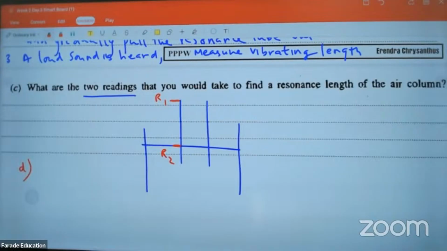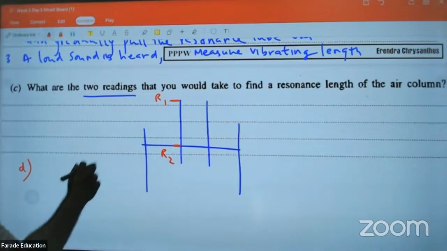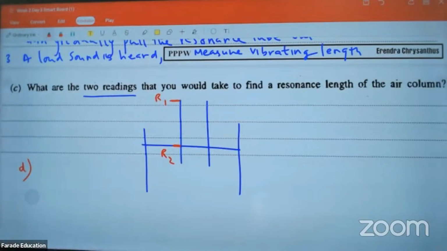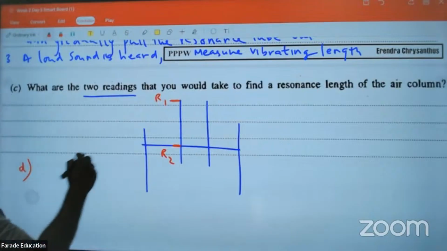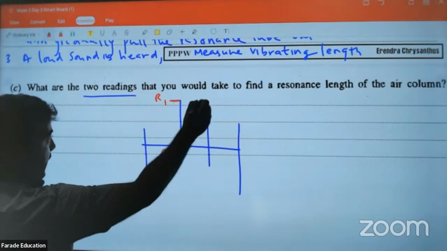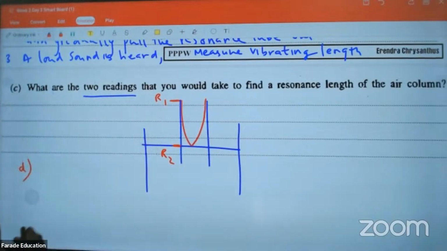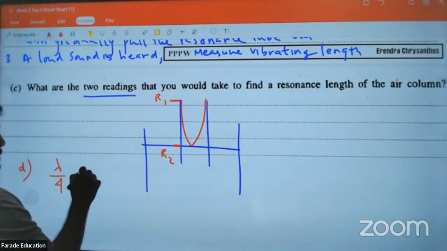Find a relationship for the vibrating length. Look at this carefully. Lambda divided by 4 is equal to the vibrating length.